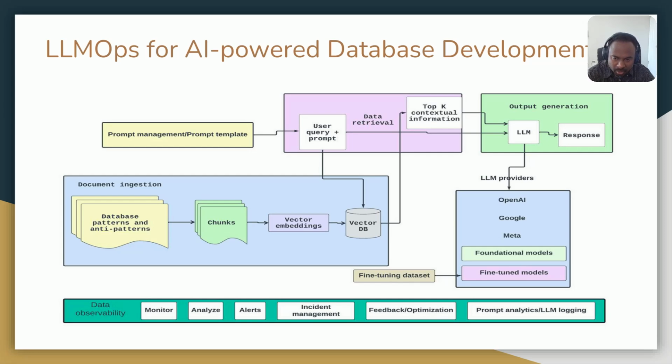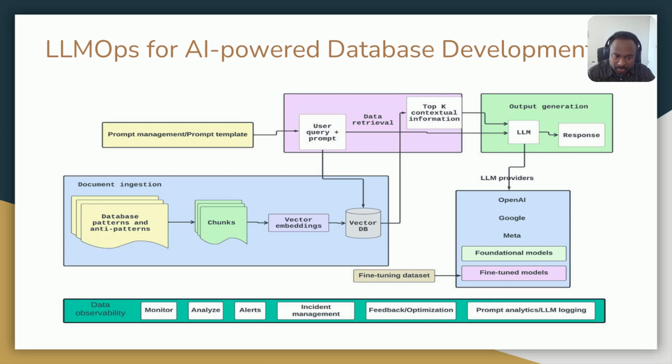In the previous slide, we talked about how RAG and prompt engineering can be used, but then a data observability layer is needed to monitor whether the prompt management or prompt engineering is correct, right? Or if the vector embeddings are the latest, if there is any staleness, or some of the embeddings need to be replaced, or if any changes need to be made in the prompt template based upon the response.